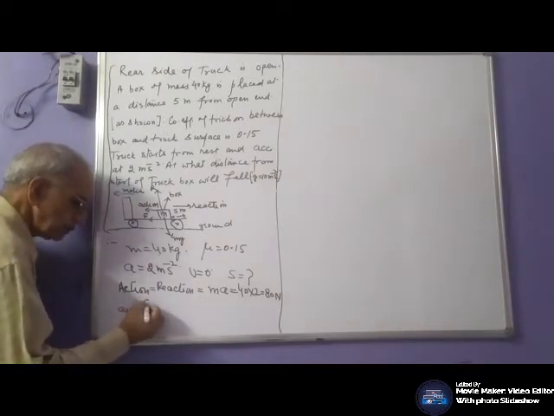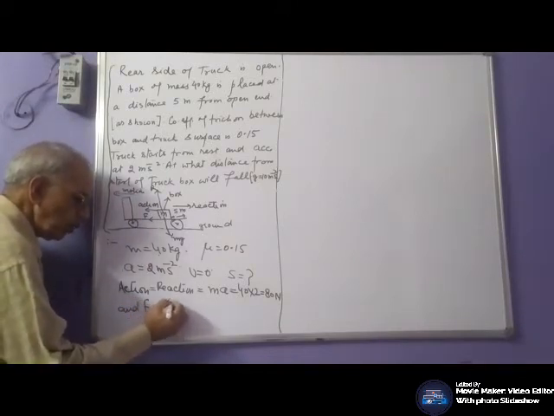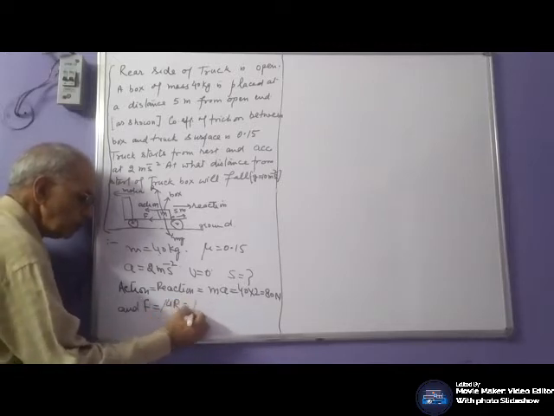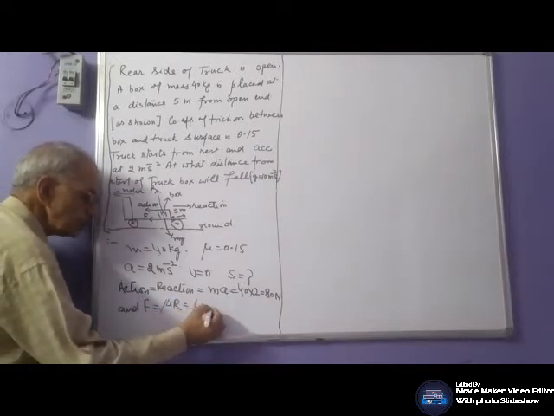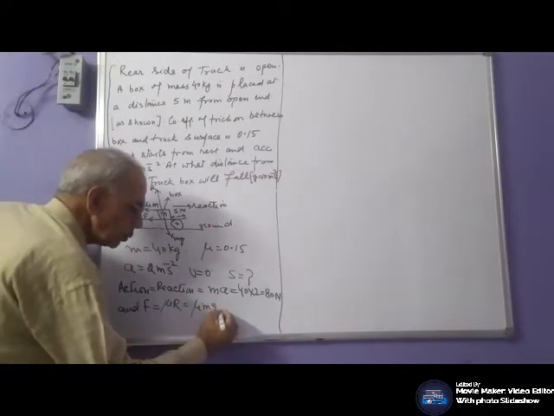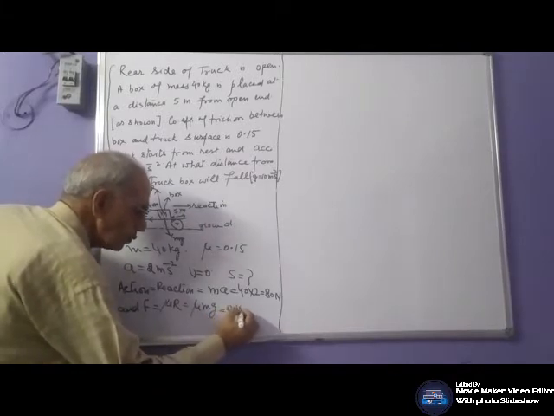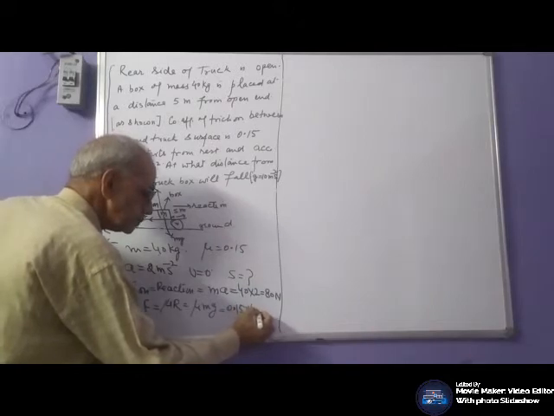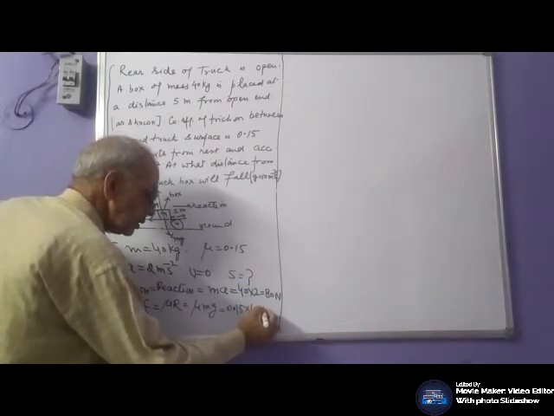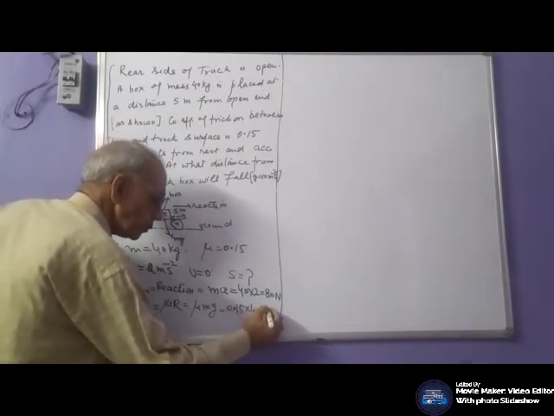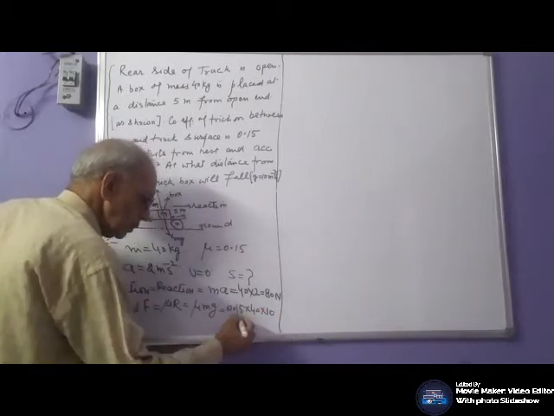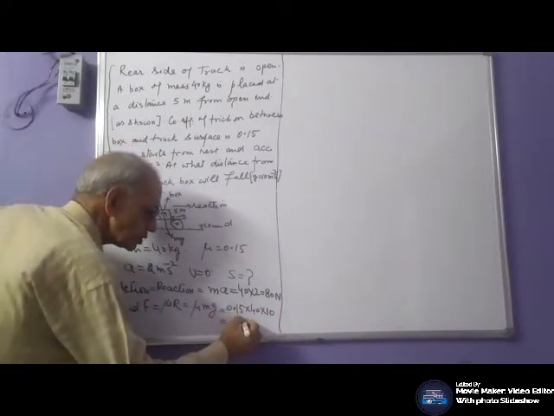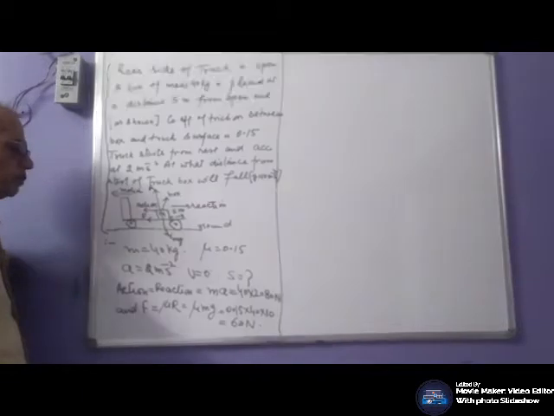And F is mu R, mu mg. Mu is 0.15, m is 40, g is 10. It is what? 60 Newton.